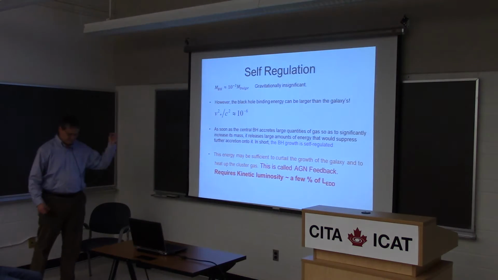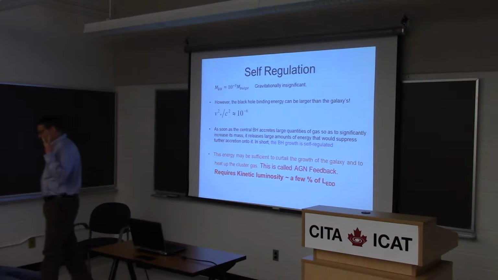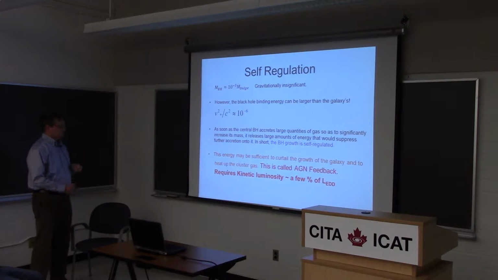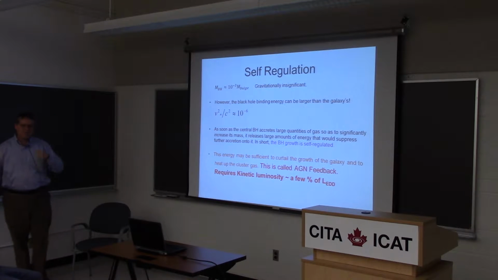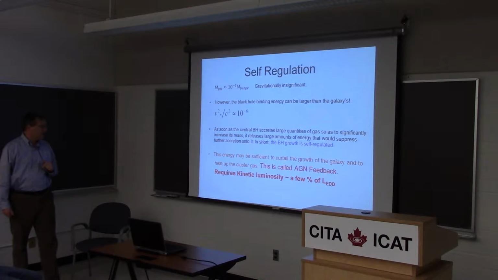So the idea is the following. The mass of the black hole is very small compared to the mass of the galaxy, about 1,000th. But the potential energy of the black hole is huge. And let me just give you the physical argument why.